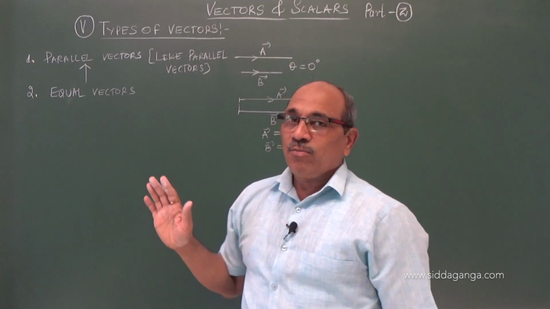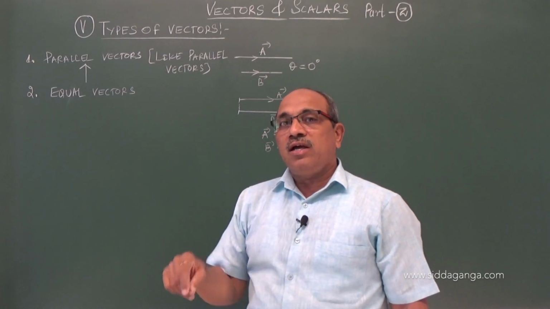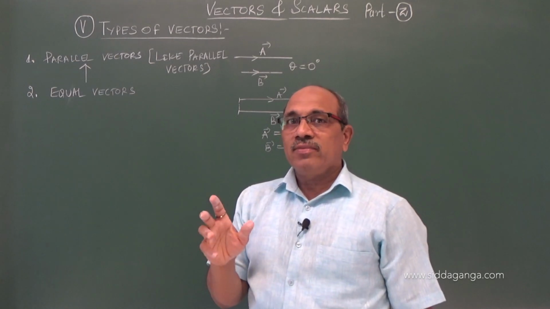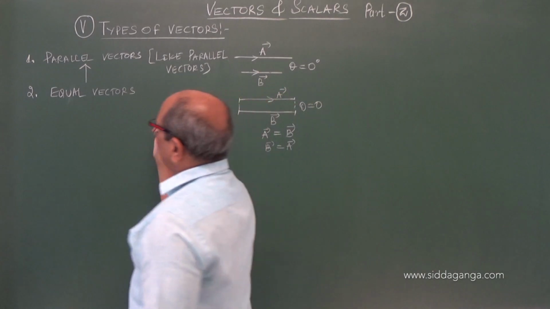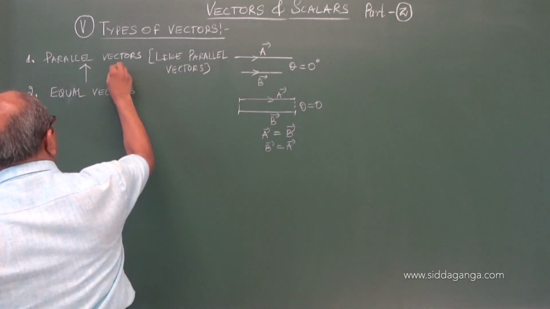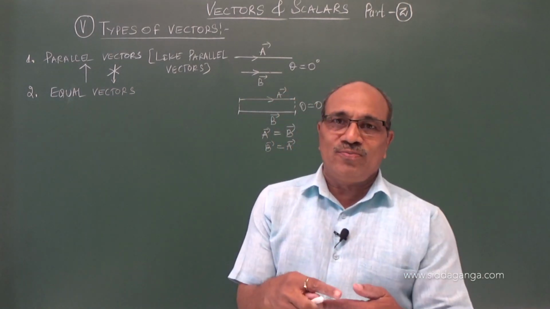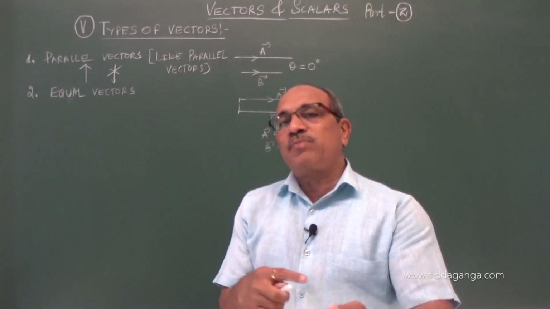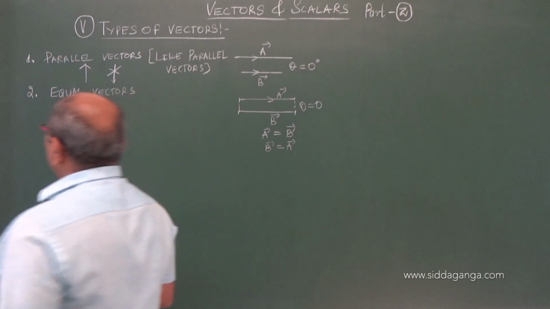But when I say equal vectors, they must be in the same direction and their magnitude must be the same. Then only we say it is equal vectors. But parallel vectors may not be equal vectors. The reverse is not true. Equal vectors may be called parallel vectors, but parallel vectors may not be called equal vectors. The reverse is not true.